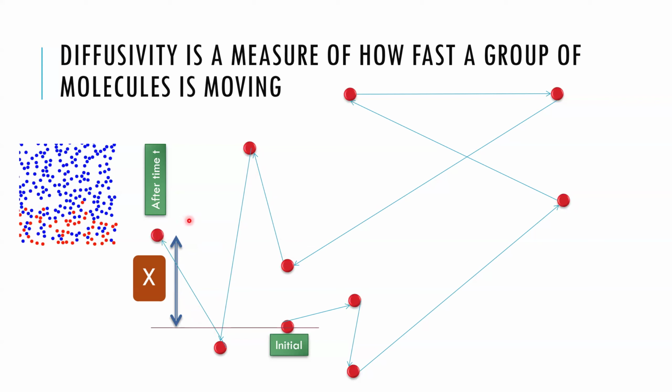But suppose I am talking about only the movement in the x direction. You notice even though it moved so much, because it keeps bouncing and moving randomly, the distance that it has moved from the initial position to the final position is this distance, x.